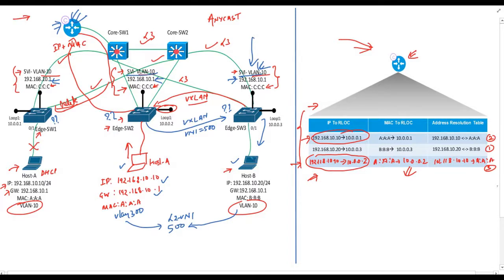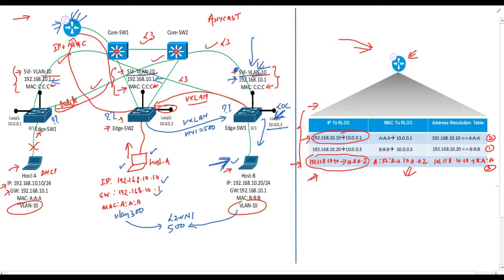For example, host B is connected to switch 3. If any other host in some different VLAN wants to communicate with this host, it doesn't identify this host on the basis of the SVI, right? On the contrary, this host is identified on the basis of the remote location, which is 10.0.0.3. Correct?